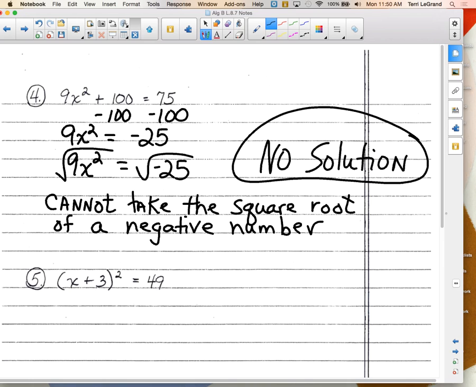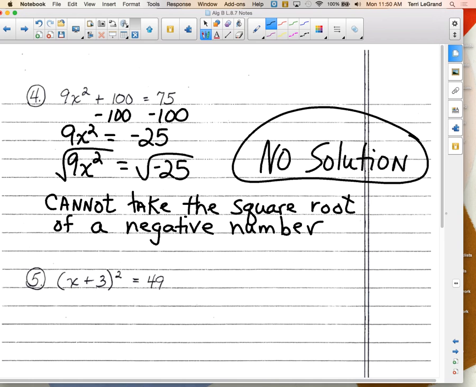Yeah, 9x squared, there's some x squared, it's got to be quadratic. And it's going to open up as long as we leave that 9x squared on the left side. If we move the 75 over, I'm going to have 9x squared plus 25 now, because I have to subtract it from both sides. I have 9x squared plus 25. It's going to open up. What else?